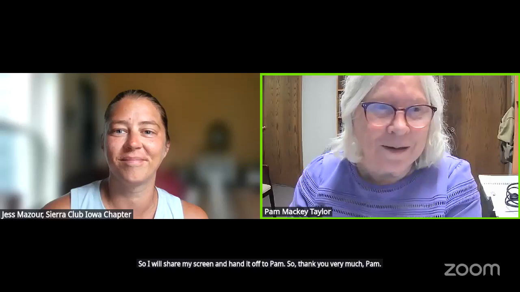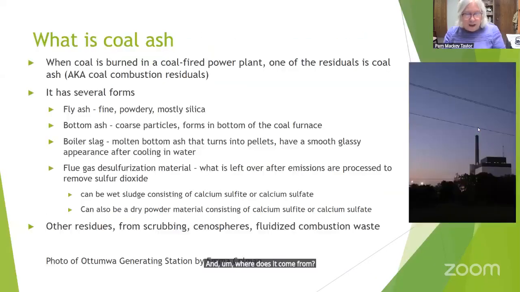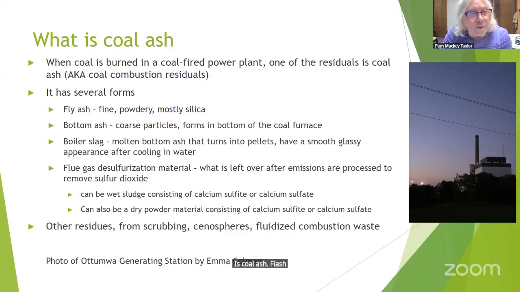Thank you, Jess. So let's start out and discuss what is coal ash and where does it come from. When coal is burned in a coal-fired power plant, there are leftovers called residuals, or coal combustion residuals. Among those things is coal ash. Coal ash has several forms.